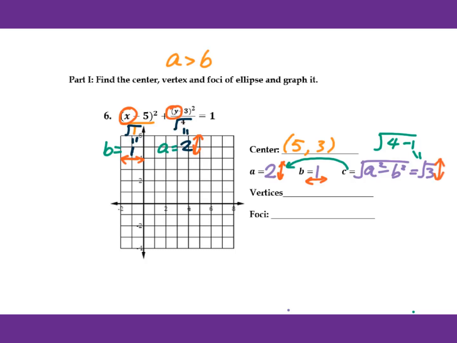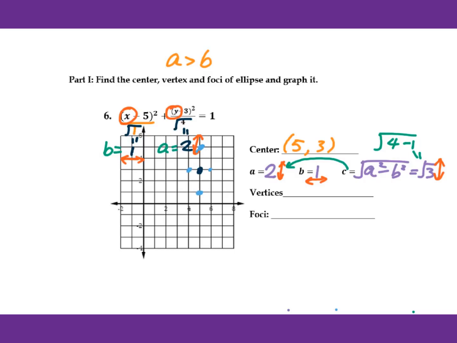You will find 5, 3 here. This is the point. So go up 2, down 2. You will get the points over here and here. For B, horizontally moving from center, go right 1, left 1.